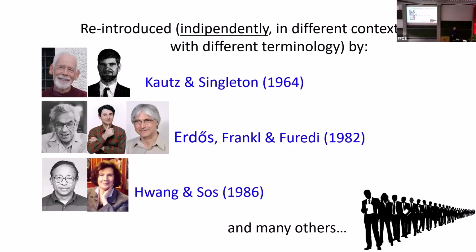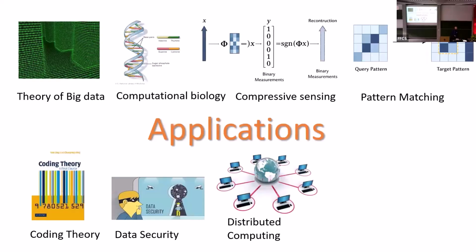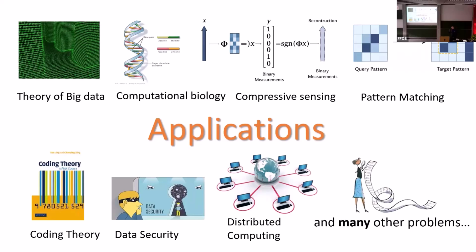Well, the main reason is that it finds an astonishing variety of applications. Superimposed codes are used in computational biology, in modern one-bit compressive sensing, in data security, in coding theory, distributed computing, and many other problems.